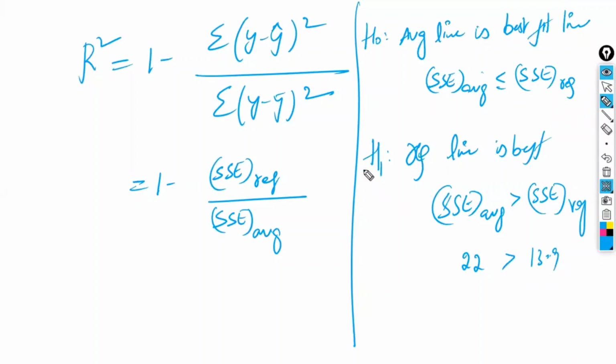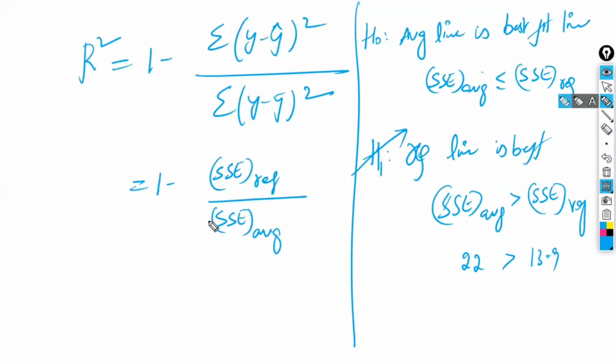So you finally say that the regression line is the best fit line. You apply the hypothesis test and say regression is better than the average: don't go with the average, go with the regression. Is that clear?